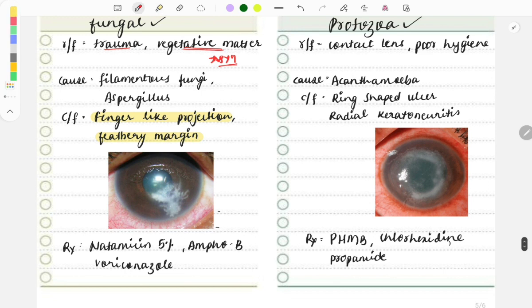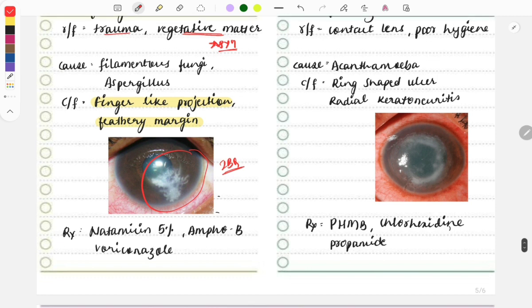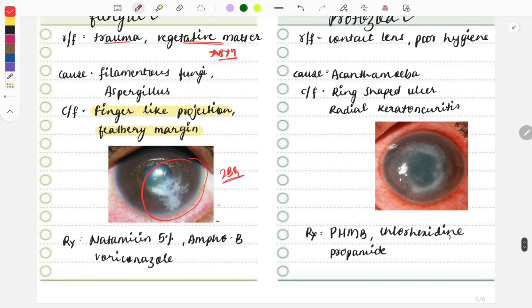As you can see here in the image, this type of ulcer is classically seen with fungal keratitis. The image is also important because an image based question can be asked, and the pattern can be giving the image and asking in which of the following keratitis this type of ulcer is seen.